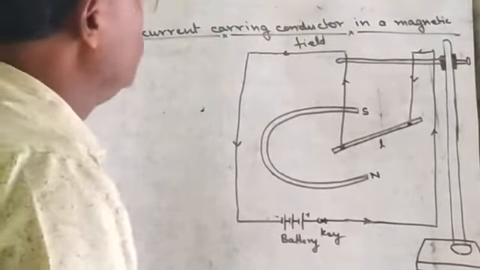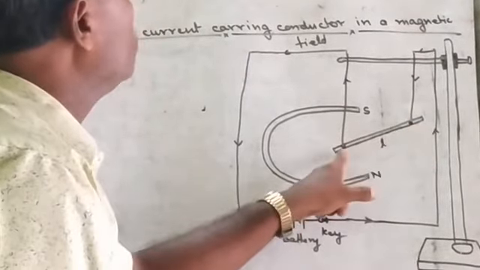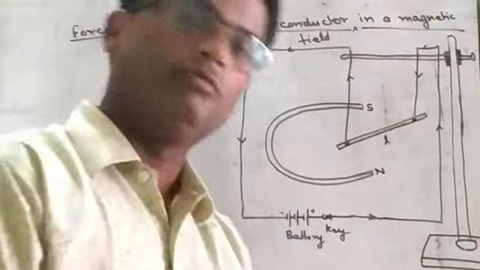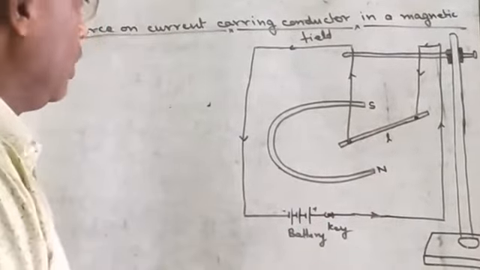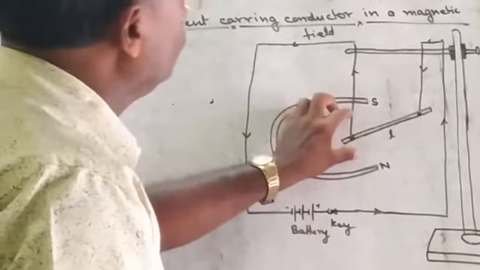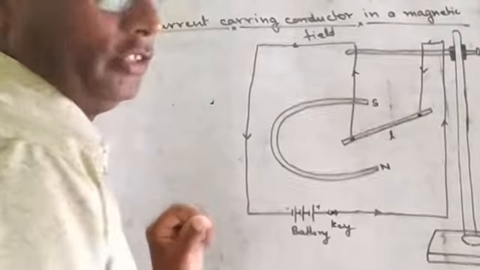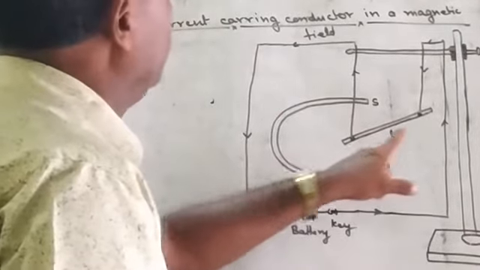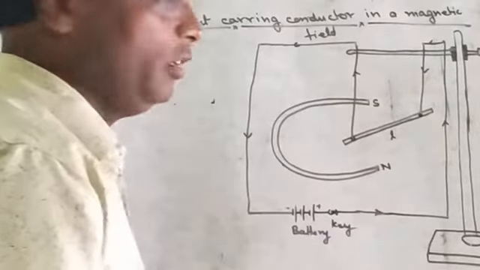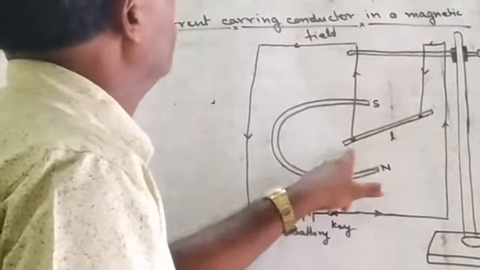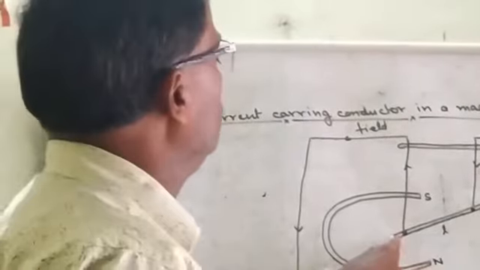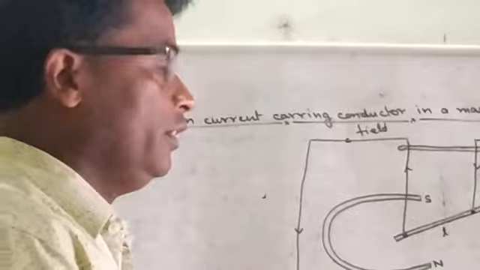And all of you know that when electric current passes through the wire, then a magnetic field is produced around the wire. Now the question arises. Here are two magnetic fields: the magnetic field due to the permanent horseshoe magnet, and the magnetic field due to the current carrying conductor.